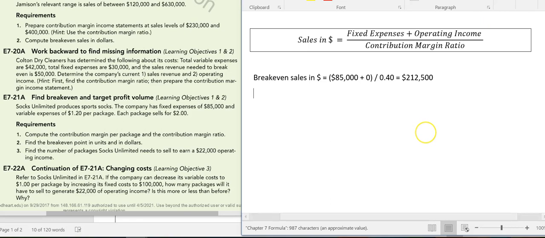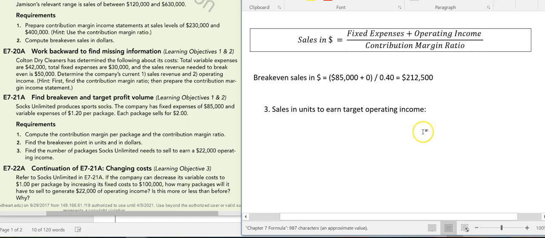So let's do requirement number 3. It's actually 3. Don't worry. Now we will figure it out. Sales in units to earn target profit or target operating income.